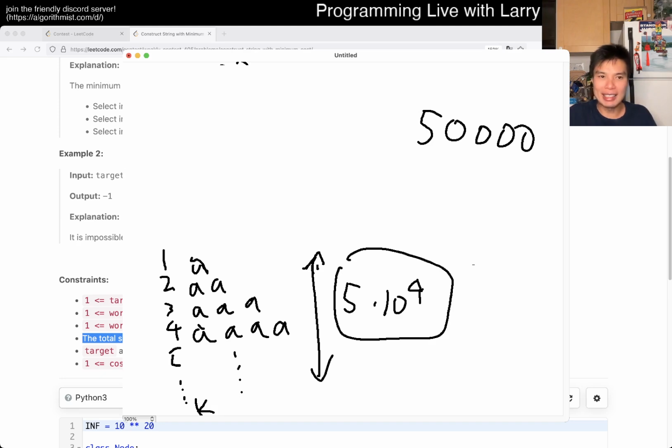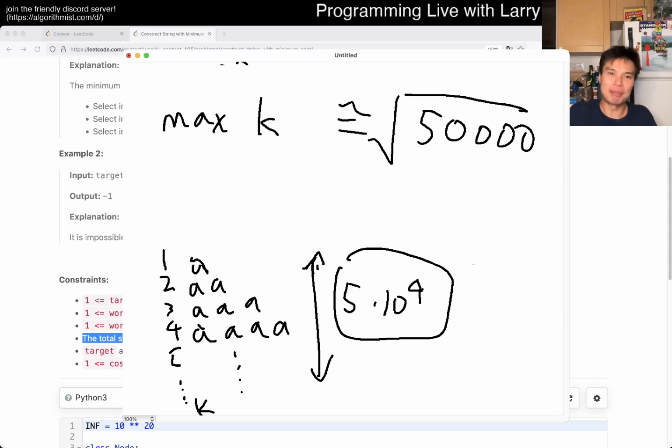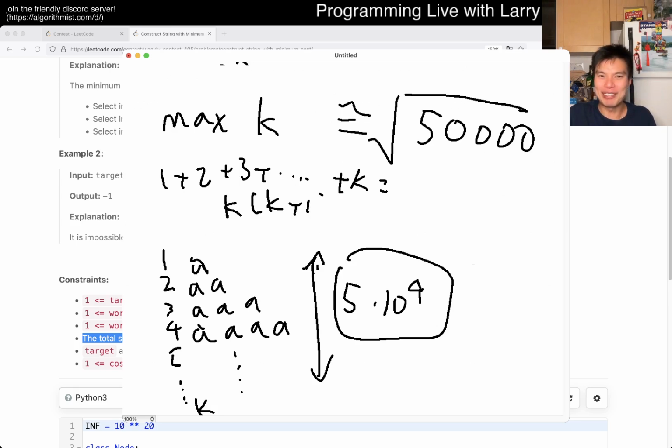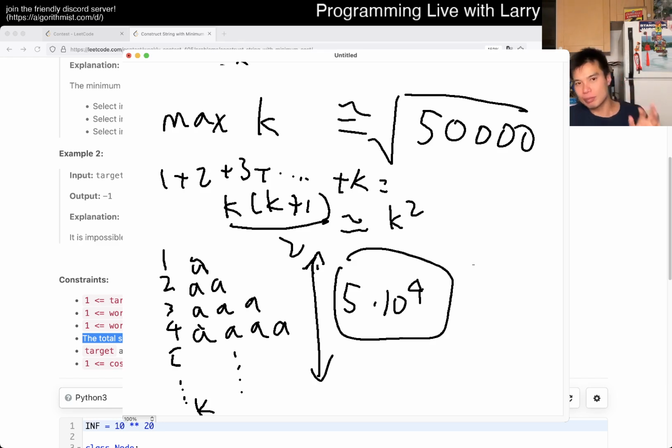So max K is going to be roughly the square root of 50,000, because the sum of K elements is 1 plus 2 plus 3 plus dot dot dot plus K, which is equal to, I always mess this up, so forgive me if I have it wrong. I always forget if it's plus 1 or minus 1. But either way, the point is that this is roughly K squared, right? So I always mess this up, so if I'm wrong, let me know in the comments.